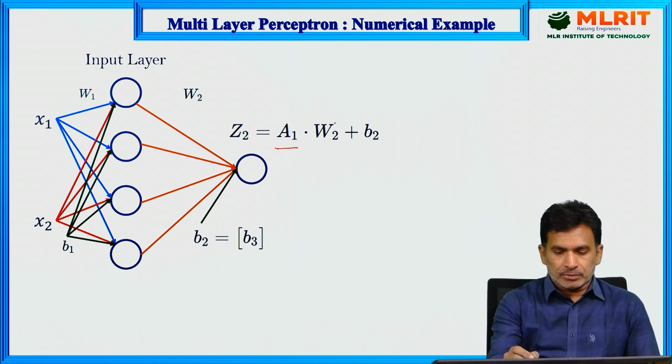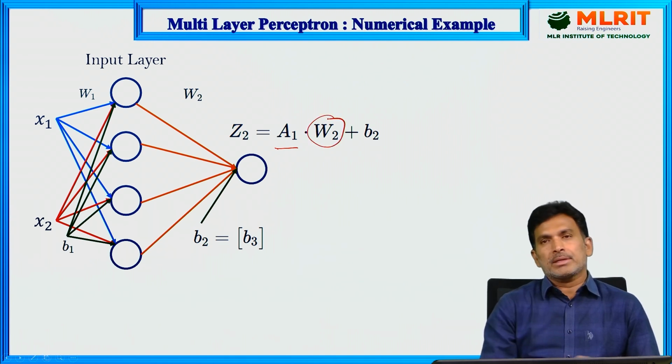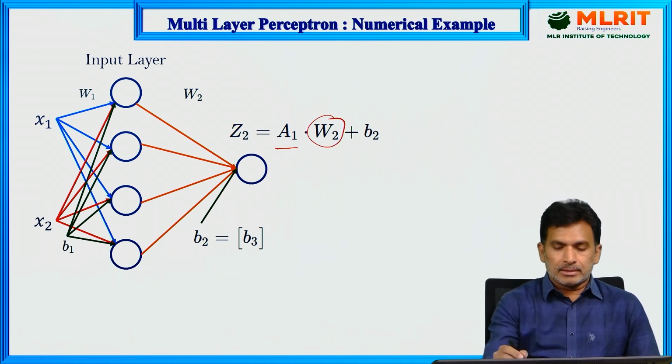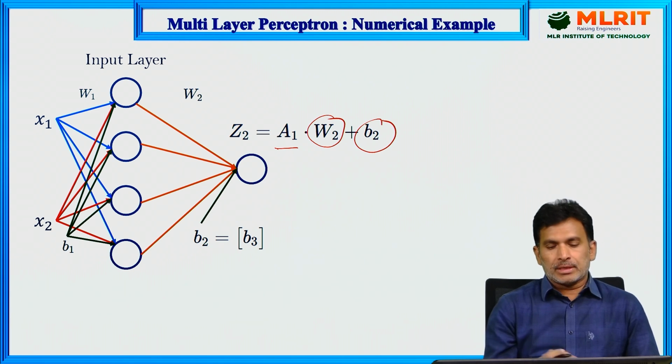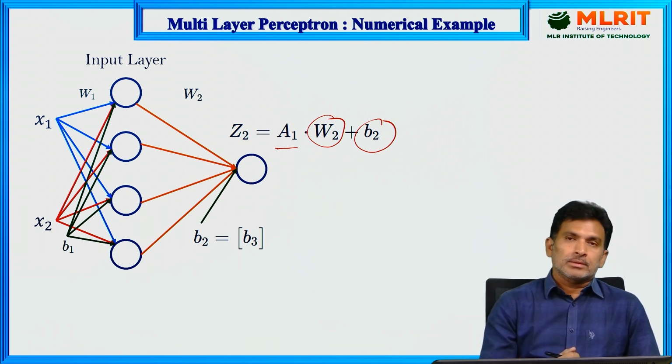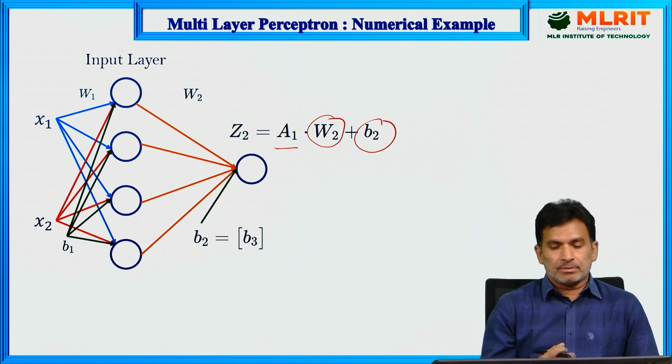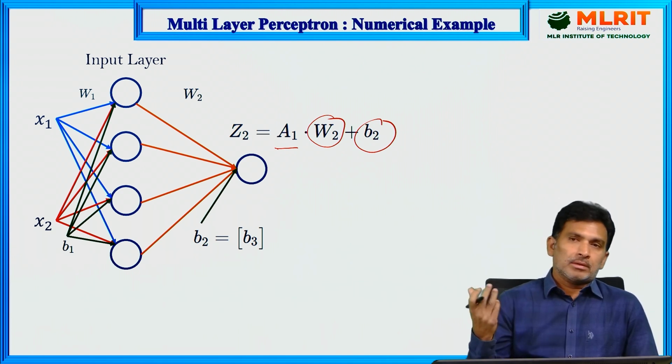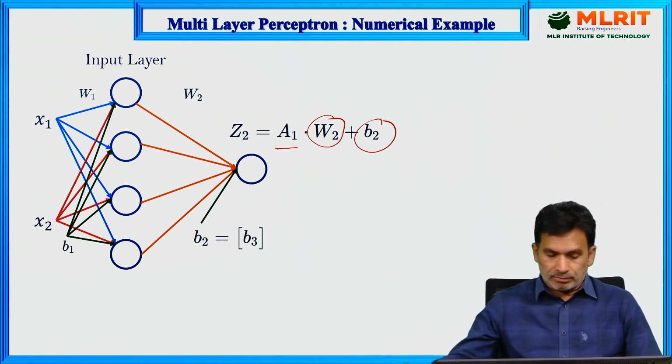Then we pass this value to the activation function, and the value produced is called the activation.